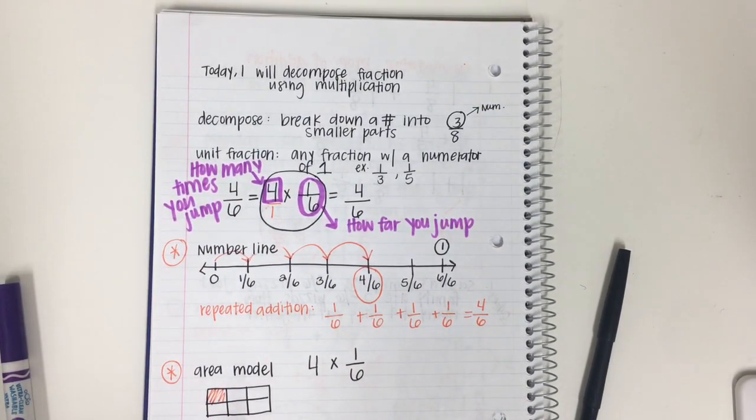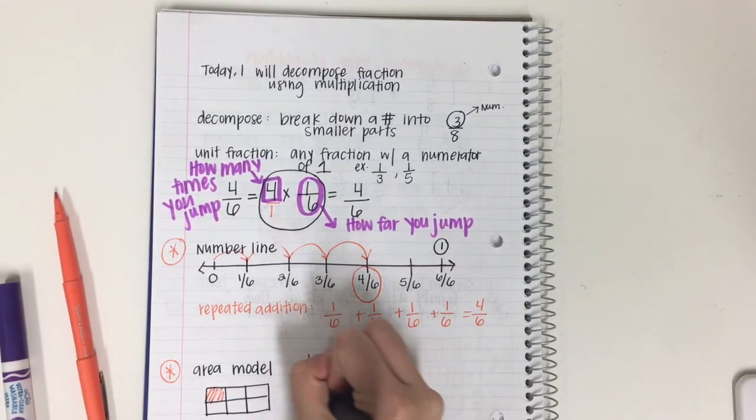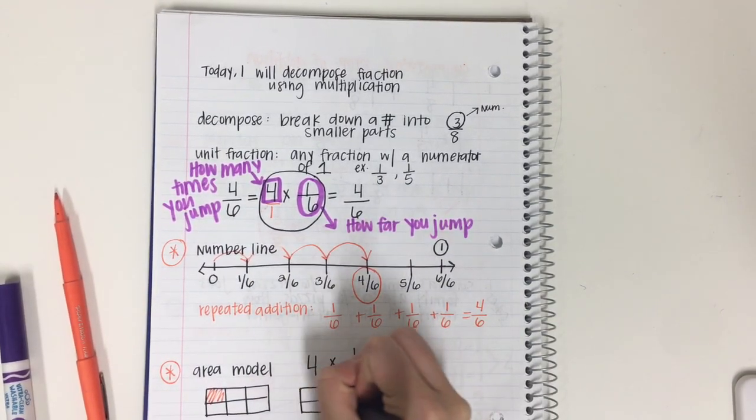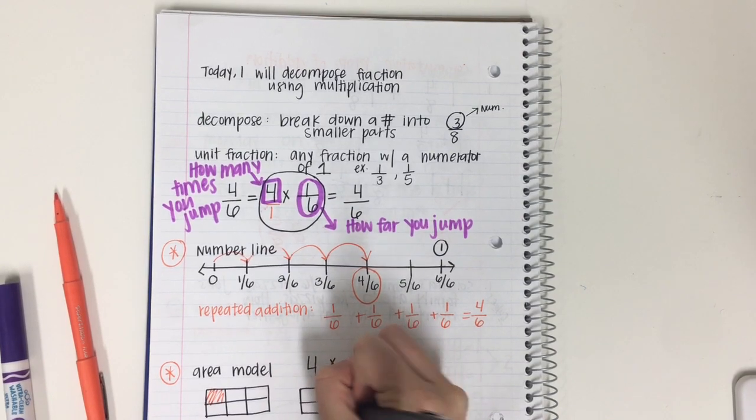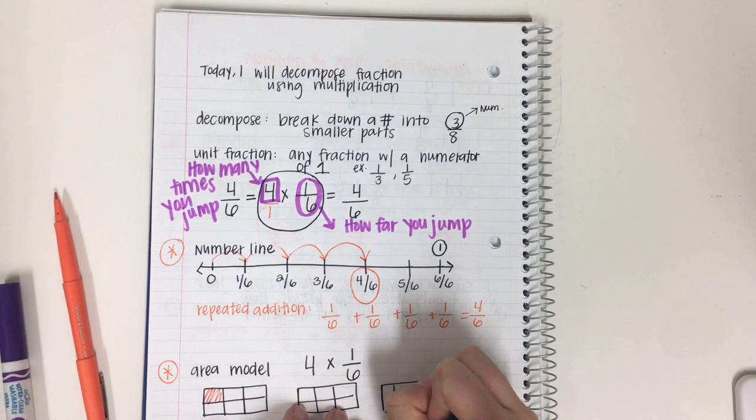So to make it 1/6 times 4, what do I have to do? I have to draw 3 more area models. So I'm going to draw 3 more area models that are broken into 6 parts because that's my denominator.